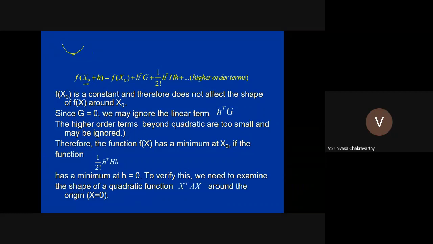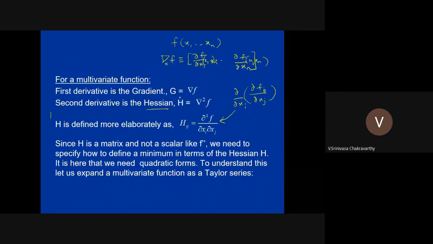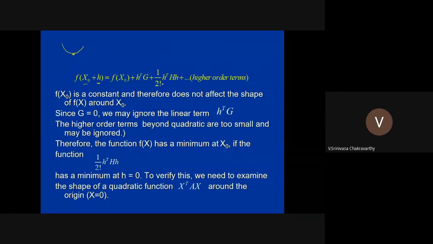If I expand this out, I get f of x0 plus h transpose G. Here h is the small incremental perturbation vector, and G is the gradient, which we have just defined. Now the quadratic term in this expansion will turn out to be one half h transpose H h, where capital H is the Hessian and h is the perturbation vector.